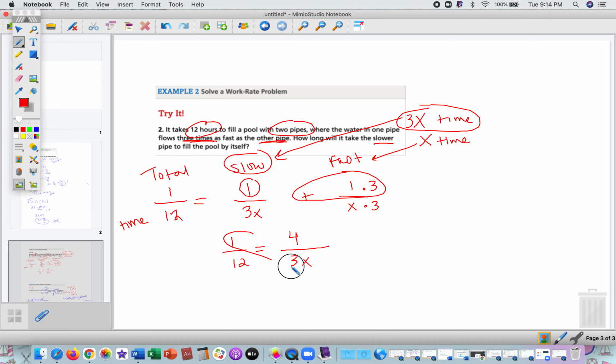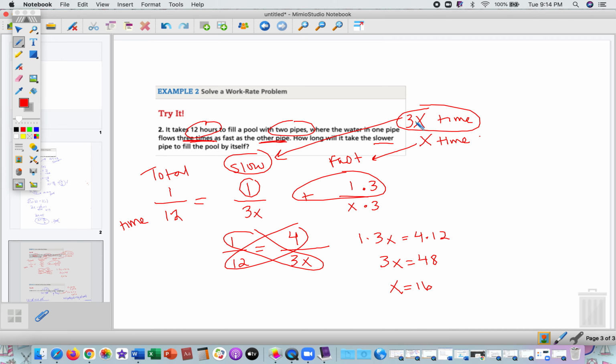We can multiply along the diagonal. So we'll have 1 times 3x is equal to 4 times 12. So 3x is equal to 48. If we divide by 3, we get 16. Now let's be careful. 16 represents the time for the faster pipe, but the question said how long will it take the slow pipe to fill a pool by itself?